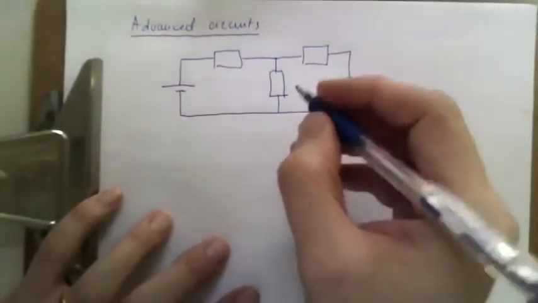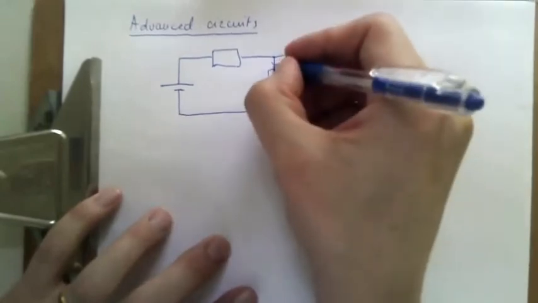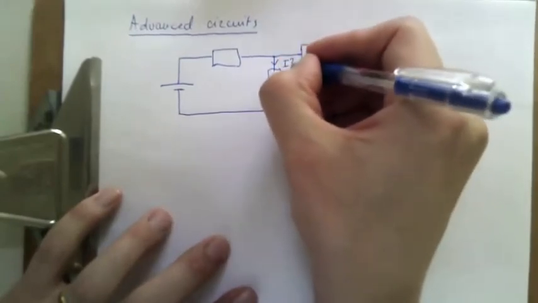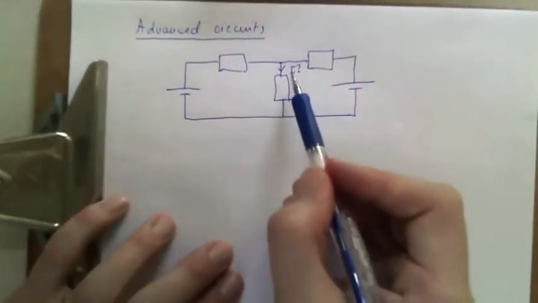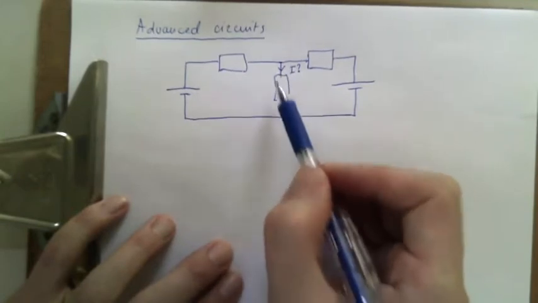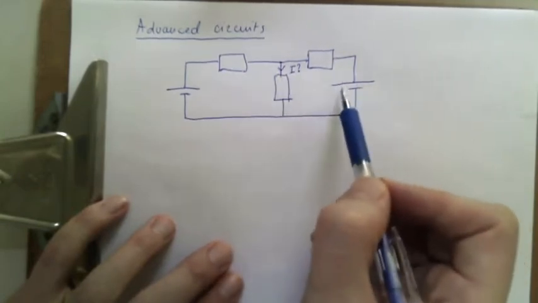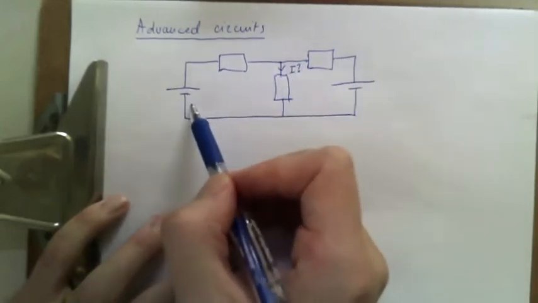All right, now let's say all I would like to know is what is this current going to be? It's reasonable to assume that this current is going to go down through this middle resistor because this battery is sourcing a current in this direction. This battery is sourcing a current in this direction.